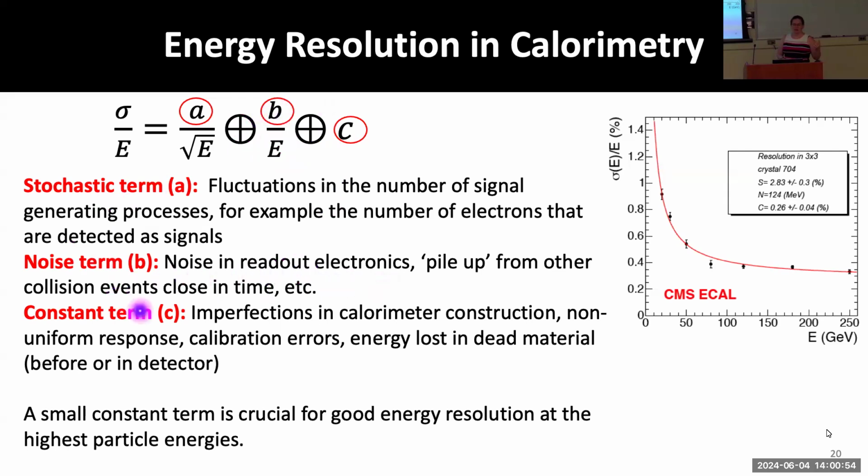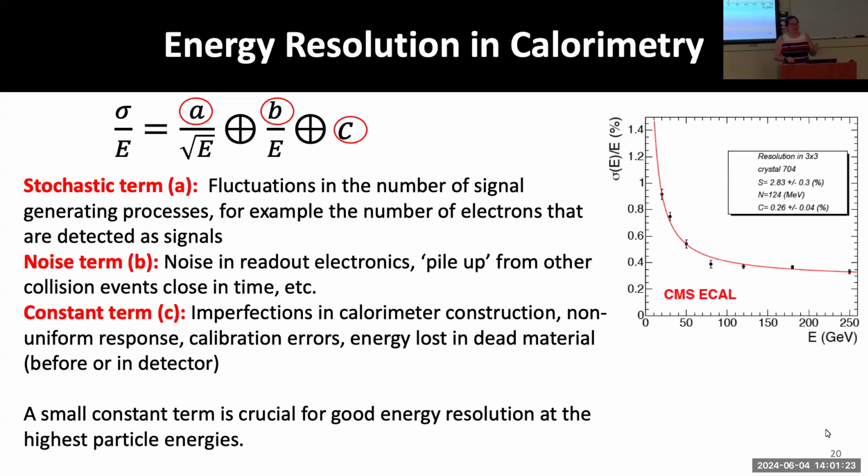This comes from imperfections in the calorimeter construction. So non-uniform response. This means if in one area you get more energy, and here I mean more light out for a particle of given energy than in another area, that could contribute. Dead areas also contribute. These things are built in sectors, so there has to be some dead area, since you can't build it entirely. There's always the area between pieces of the detector.